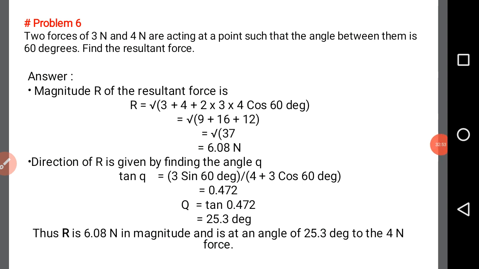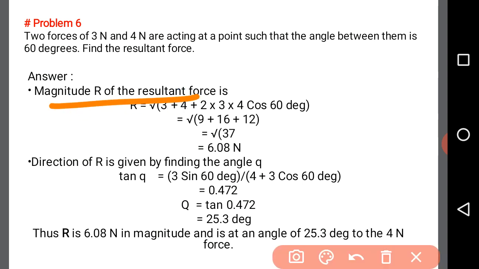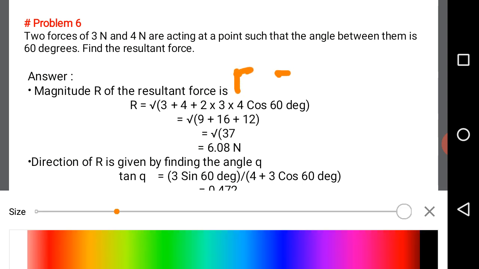Let us see one more example. Two forces 3 Newton and 4 Newton are acting at a point such that the angle between them is 60 degrees. Find the resultant force. So this is based on the law of parallelogram. The magnitude of vector R is the root of A square plus B square plus 2AB cos of the angle between these two. Now here you have given that P is equal to 3 and Q is 4.